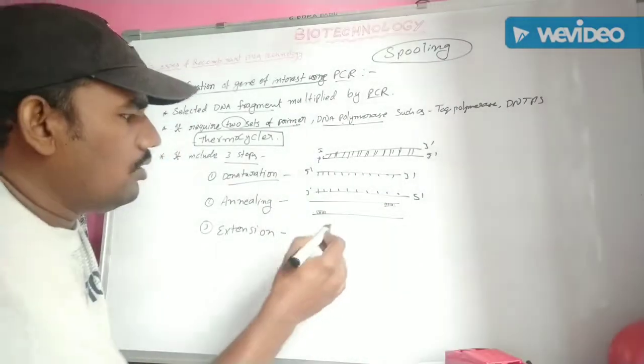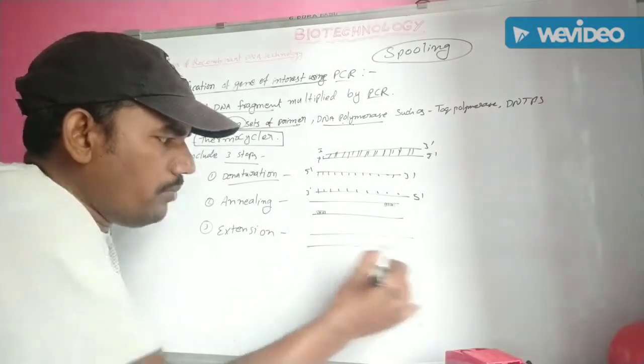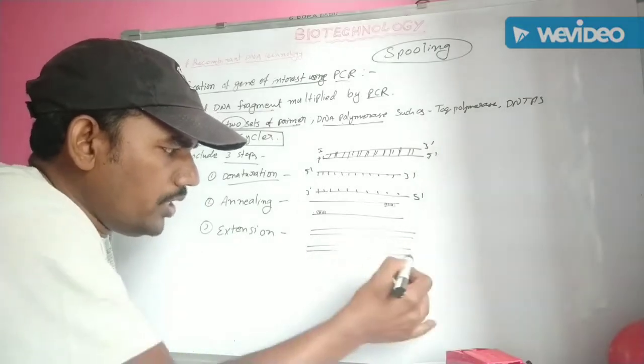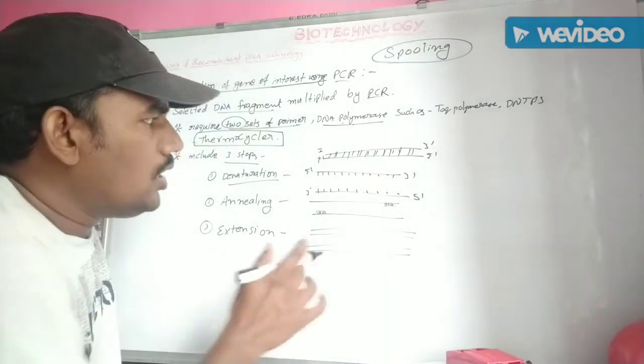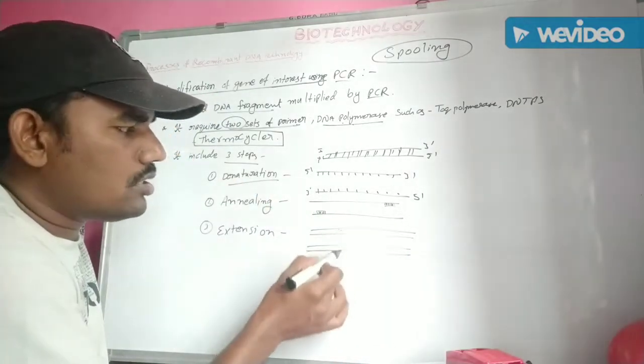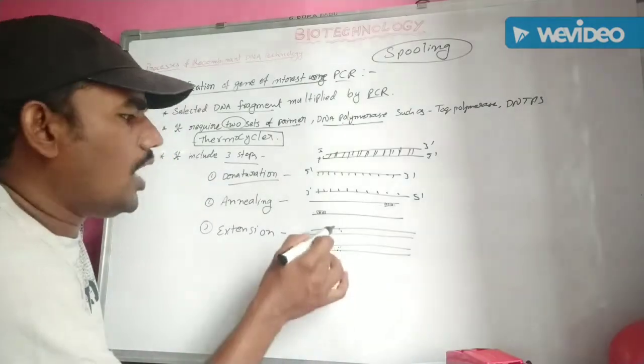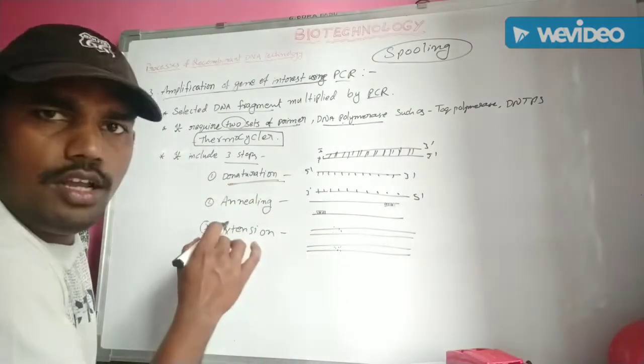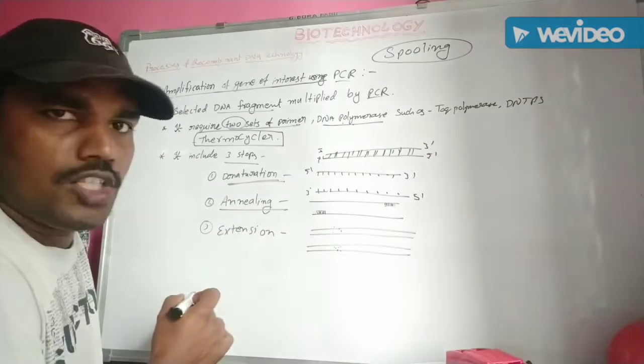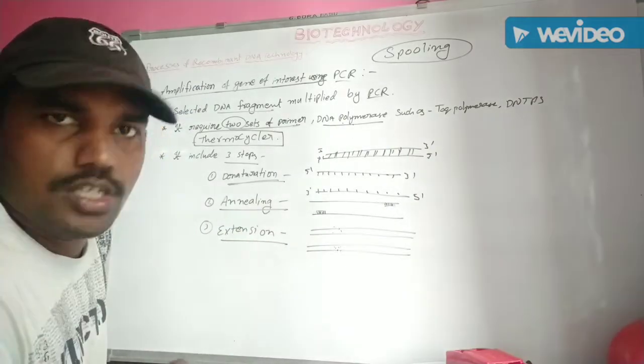After formation, two complete strands are developed. Then these daughter DNAs are again denatured, followed by the annealing process, followed by the extension process.